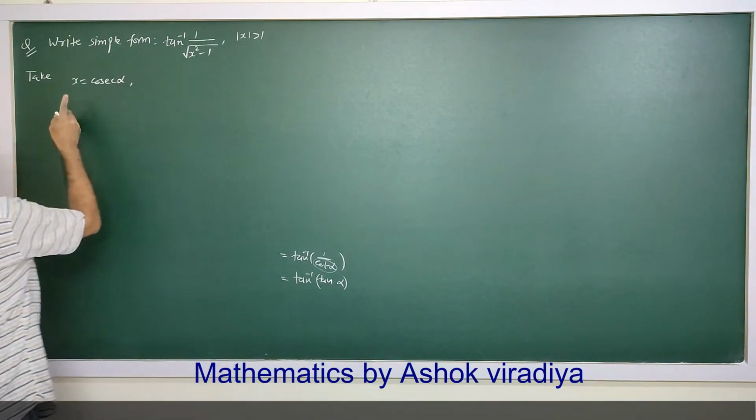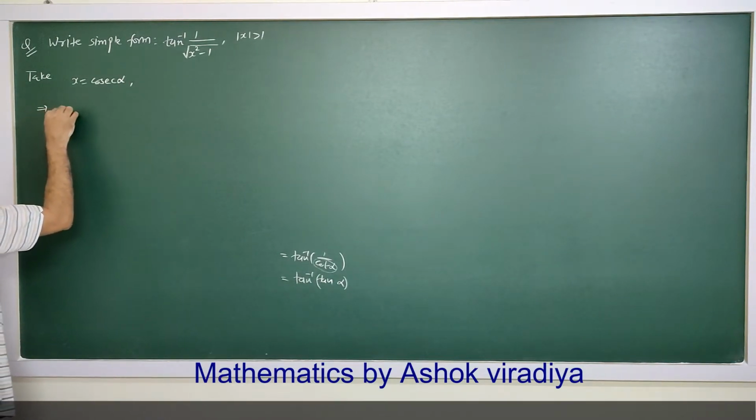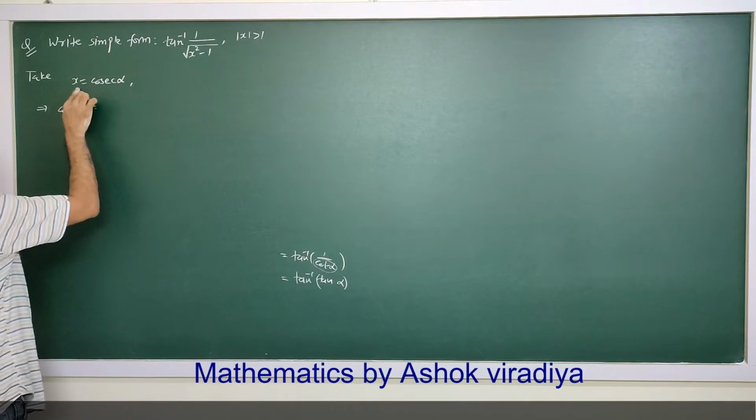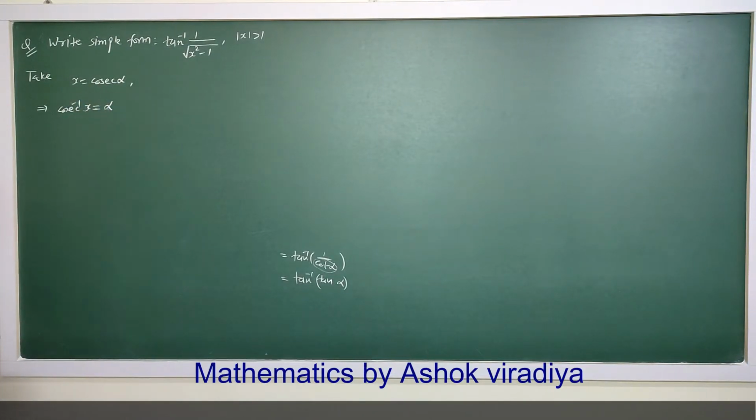Now before taking the next step, the next step will be cosec inverse x equal to alpha. But when is this allowed? If alpha belongs to the domain of cosec.